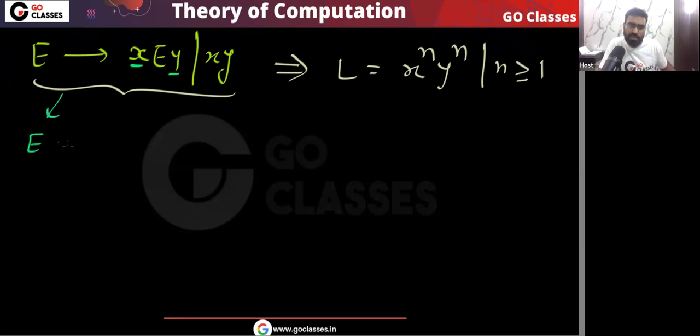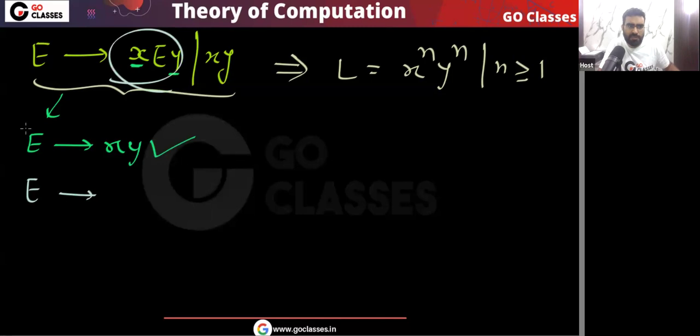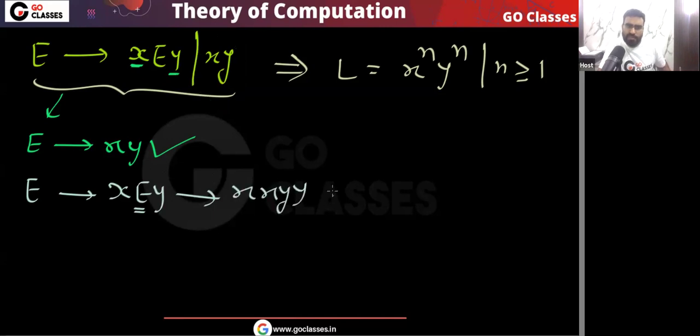We can generate the string xy from the start variable, and if I replace E with xEy and then replace this E with xy, I get x^2 y^2.